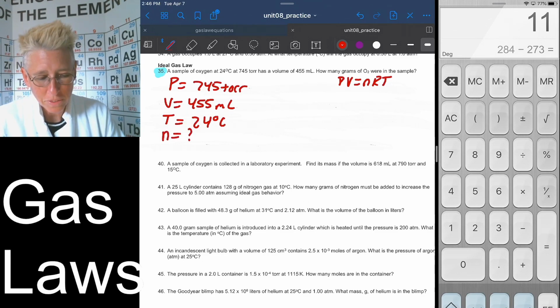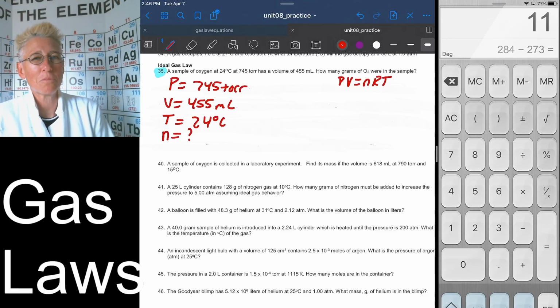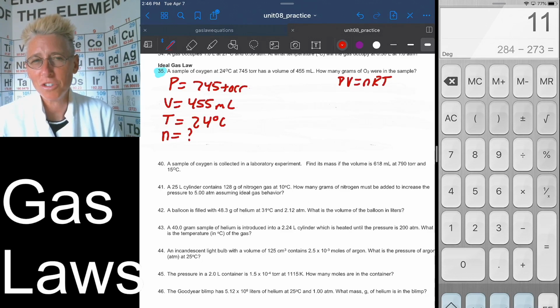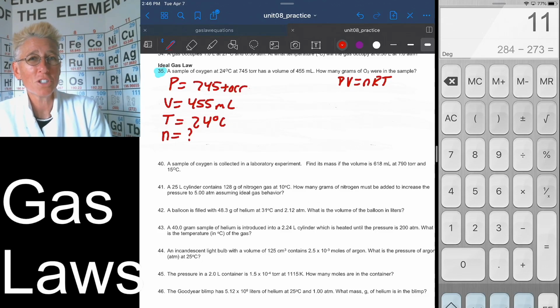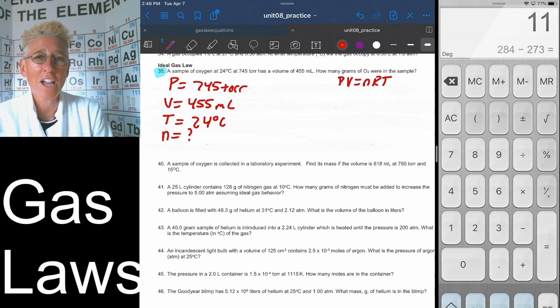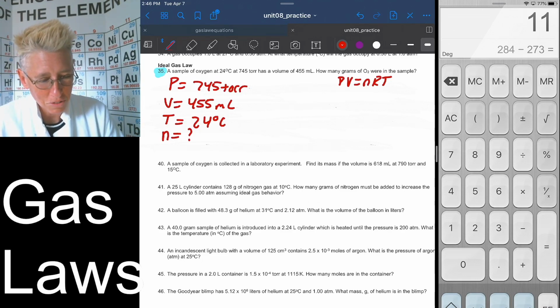Well, no. And the question is asking for grams. We've worked with moles and grams so much this semester that hopefully you know at this point that if you're solving for n, which is moles, you can also determine grams if you know what the gas is. And in this case, we of course know the gas is oxygen. Okay, so just so you recognize that.